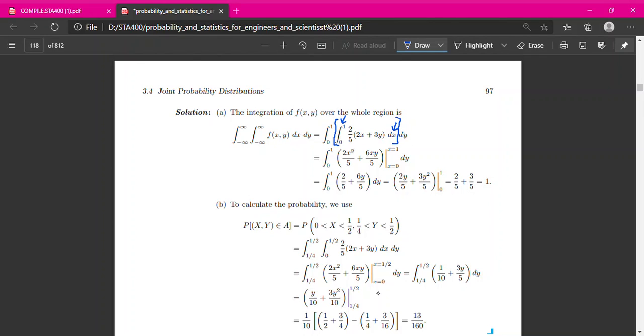You integrate the joint function with respect to x first, so y will be like a constant. Here we get 2x squared over 5, because when you integrate x it becomes x squared.